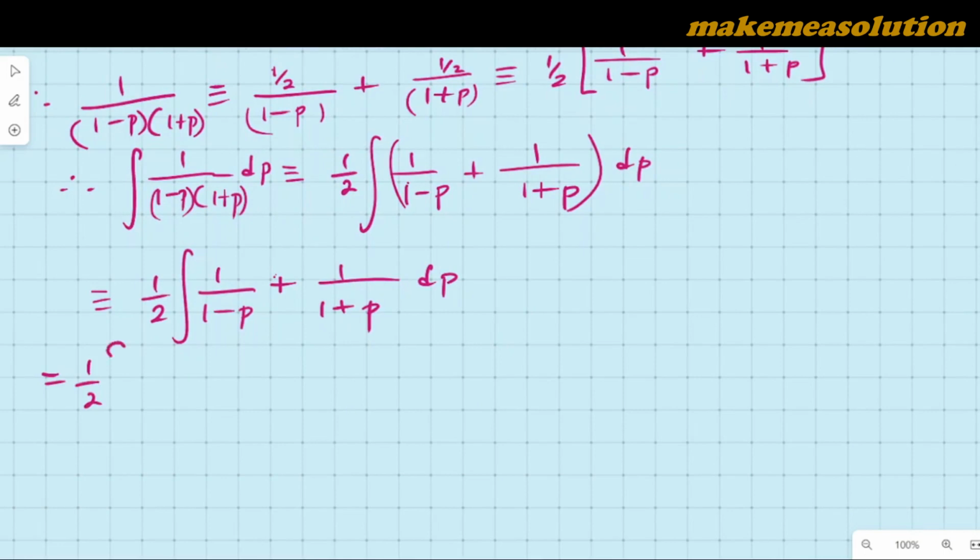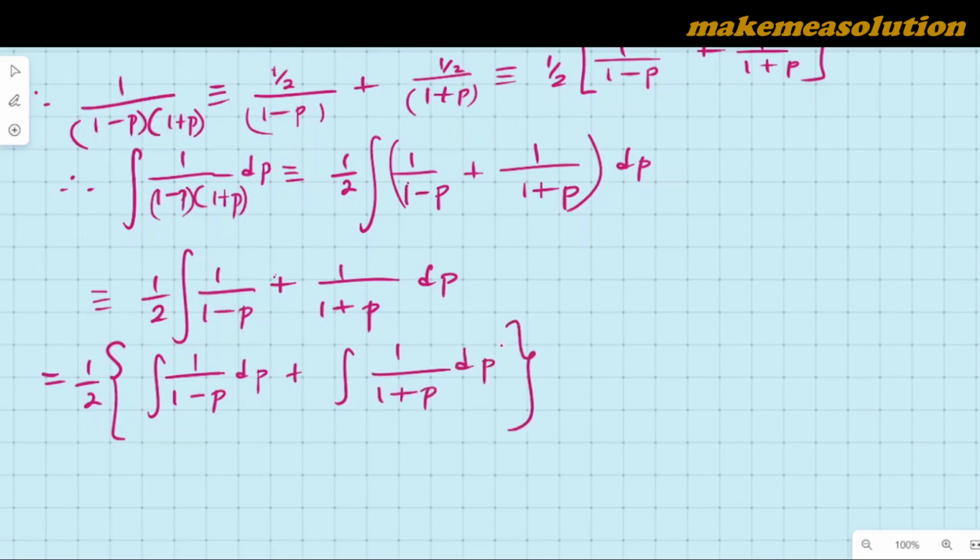So 1 over 2 integral of 1 over 1 minus p dp, plus integral of 1 over 1 plus p dp. So we just distributed the integral sign to each term in the integrand. Now we want to evaluate this integral and this integral carefully.